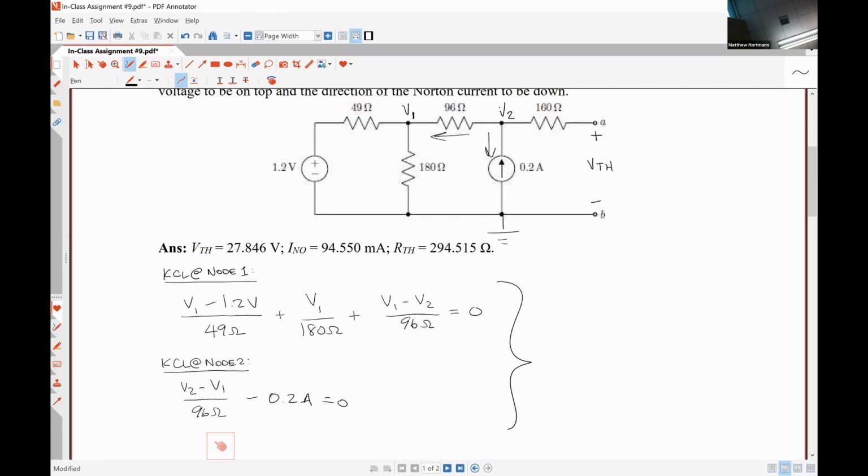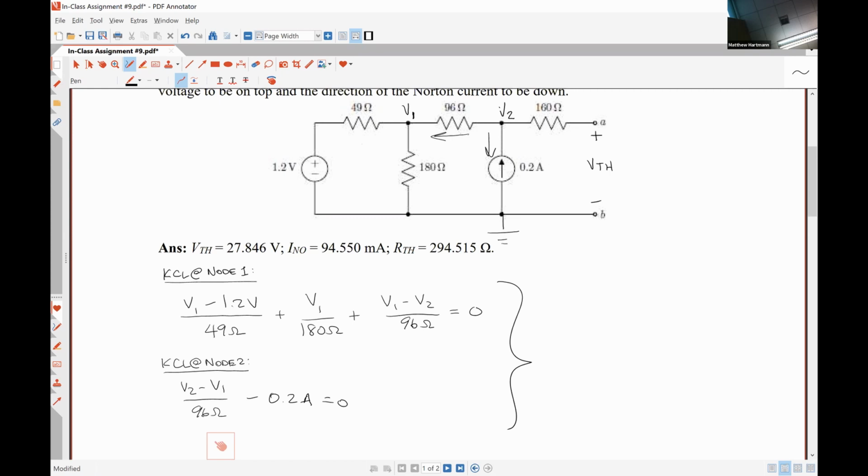All right. In our second equation, our coefficient for V1 is negative 1 over 96. The coefficient for V2 is positive 1 over 96. And our constant term is 0.2.